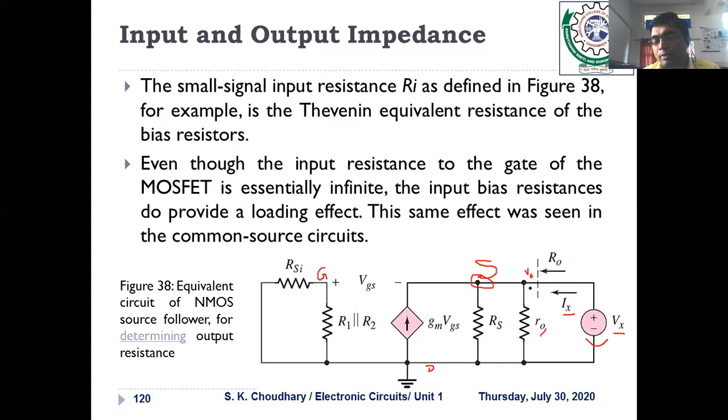What is the KCL equation? It says that the sum of incoming current is equal to the sum of outgoing current. That is also one way to define Kirchhoff's current law. So here, how many currents are incoming currents?